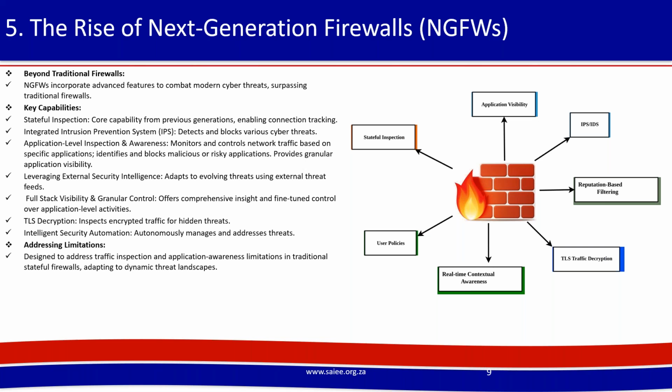It includes the ability to decrypt and inspect encrypted traffic, such as SSL/TLS, which is a common way for threats to hide. The inclusion of intelligent security automation also means they can respond to threats autonomously, reducing manual intervention and response times. They are explicitly designed to overcome the limitations of their predecessors, offering adaptability in the changing threat landscape.